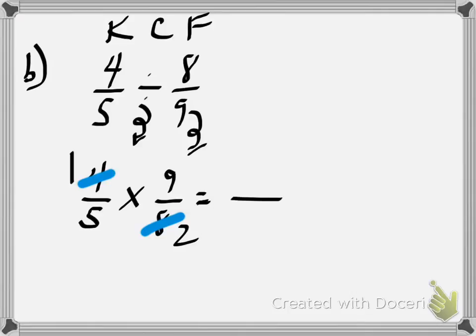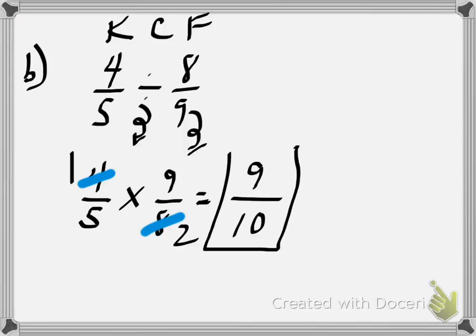So now we have smaller numbers to work with. 9 times 1, anything times 1 is itself. 5 times 2 is 10. And that's a proper fraction, and they have no common factor. So we get 9/10.